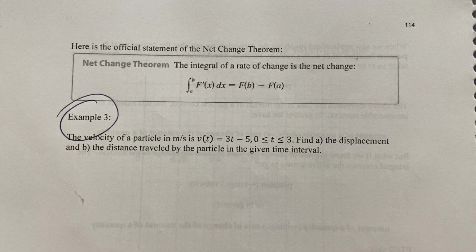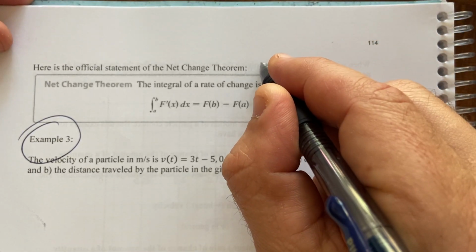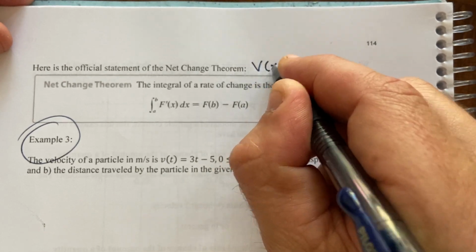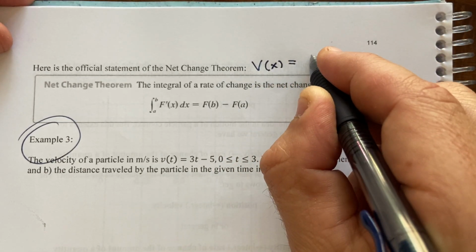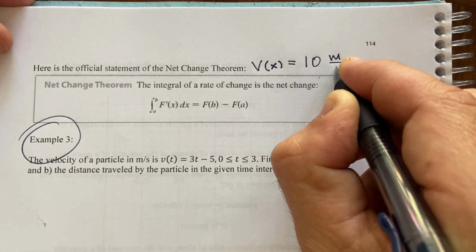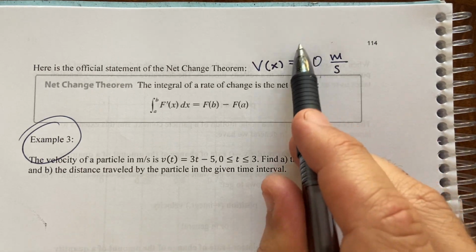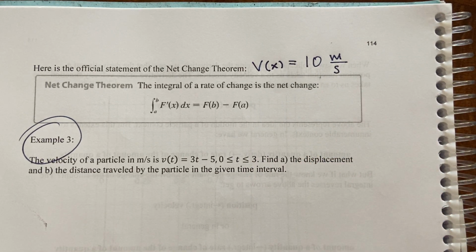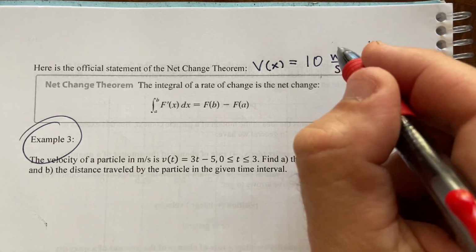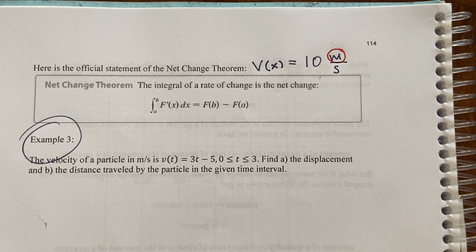So if you're looking at a velocity function, let's say it's like 10 meters per second, I don't know, something strange like that. When you integrate across a velocity function, all you're left with is the numerator in the units. That gives you insight into what you want to do often.